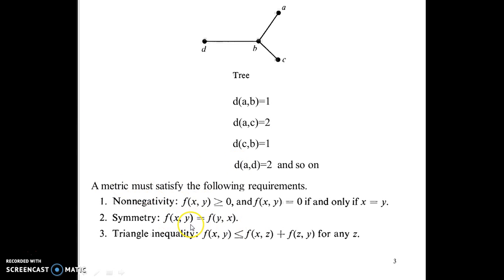Symmetry means the distance between x and y is equal to the distance between y and x. In triangle inequality, the distance between x and z plus the distance between z and y should be greater than or equal to the distance between x and y.